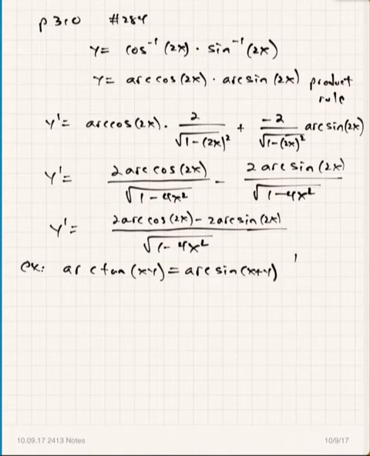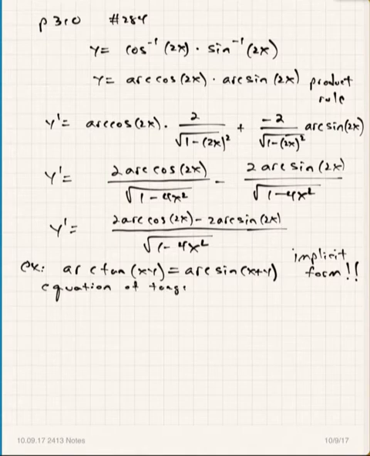So notice right away that this is in implicit form, and so you're probably using implicit differentiation here. The problem is to write the equation of the tangent line at the point 0, 0.